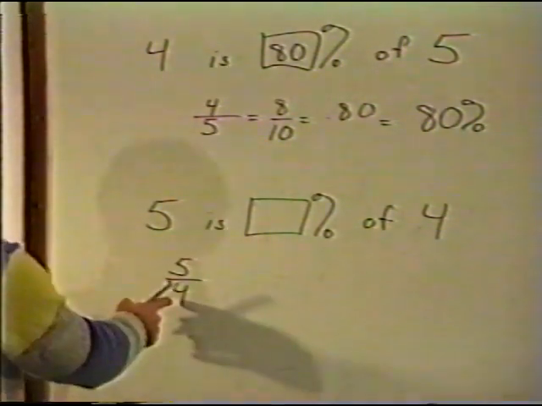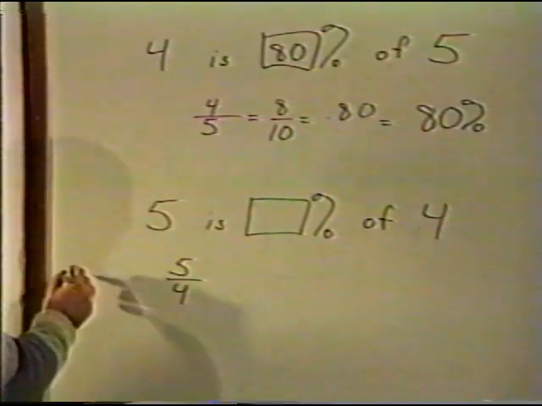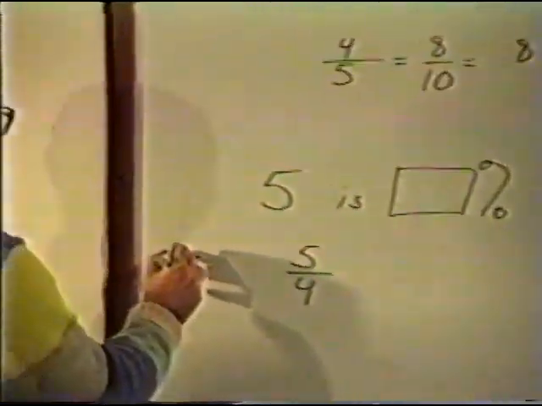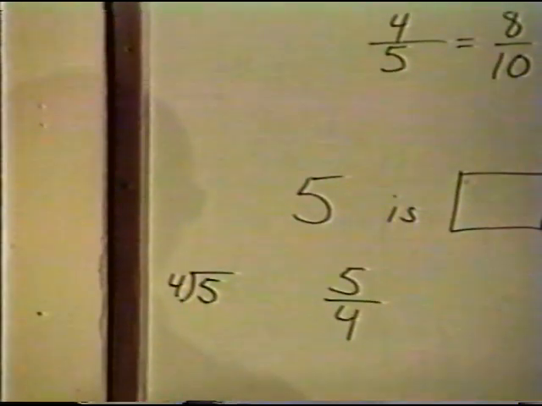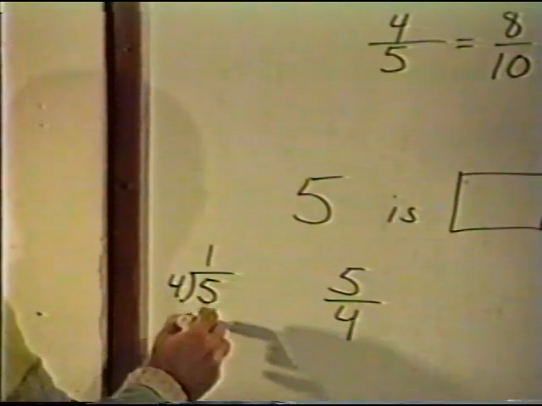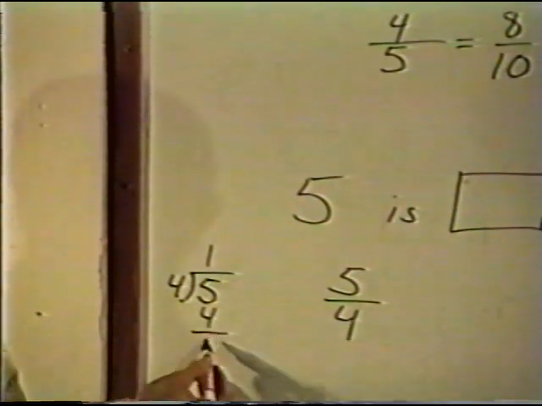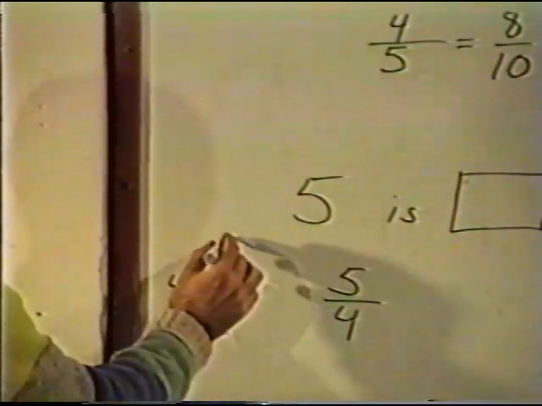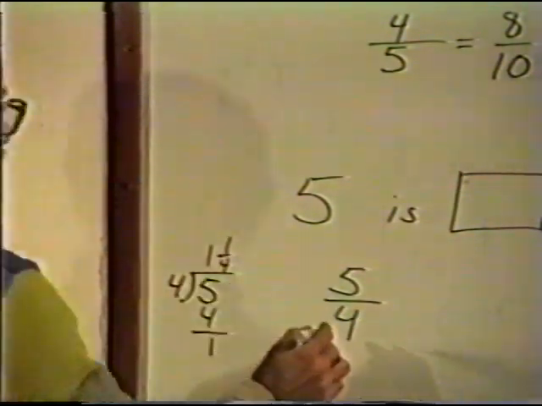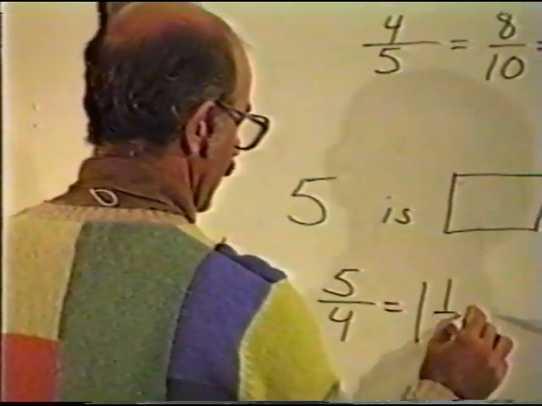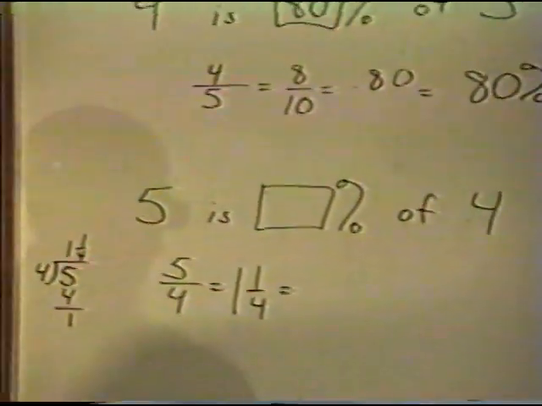We have to divide the bottom into the top. We'll do that on the side. 4 goes into 5 how many times? 1. 1 times 4, 4, with how much left over? 1. 1 what? 1/4. 1 and 1/4. Well, let's just use our shortcuts.